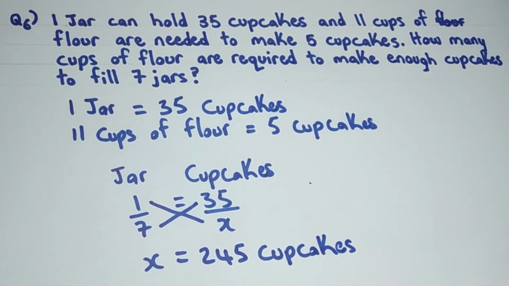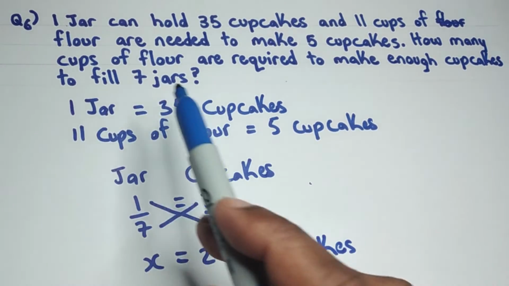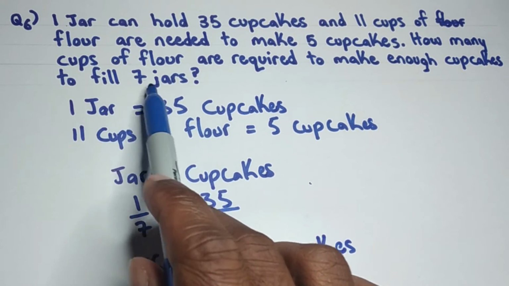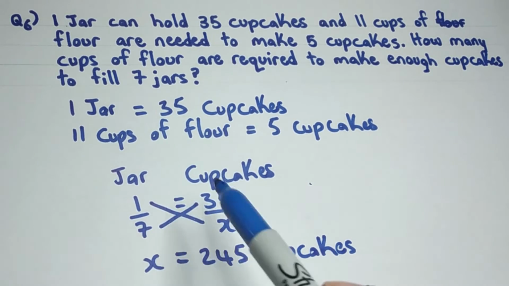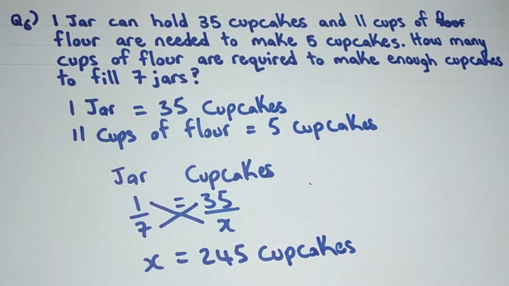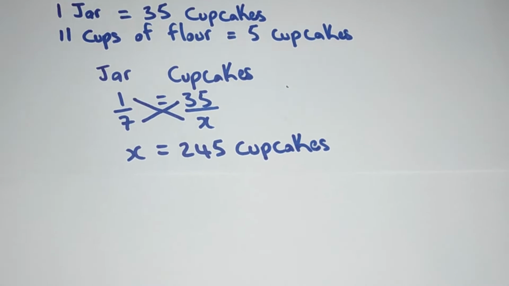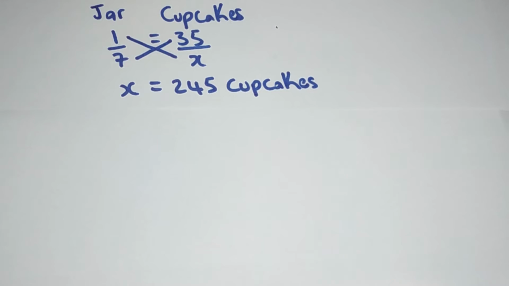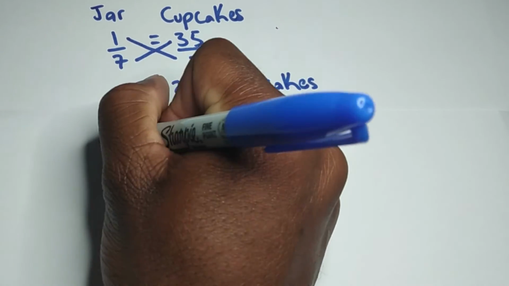So hopefully that started to make a lot more sense to you now, because we would have already known the amount of cupcakes that it will take to fill the 7 jars. Now all we need to know is the amount of cups of flour that it will take to make these 245 cupcakes. So what we can do now is to set up a proportion with cups of flour and cupcakes.